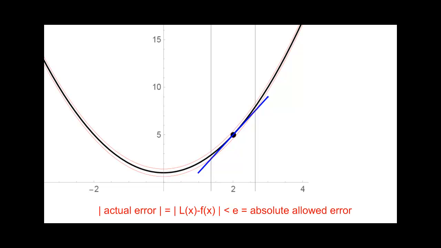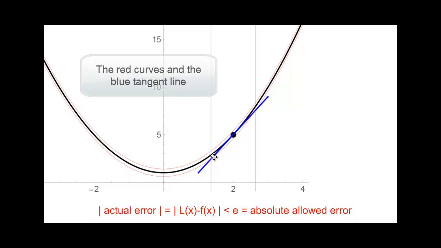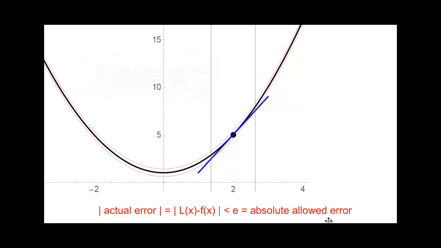So the absolute actual error is simply the absolute value of L of x minus f of x. It's the distance between, at any given x value, the red curves and the black curve. We want that to be less than the absolute allowed error, which is our goal for not exceeding that amount of error.